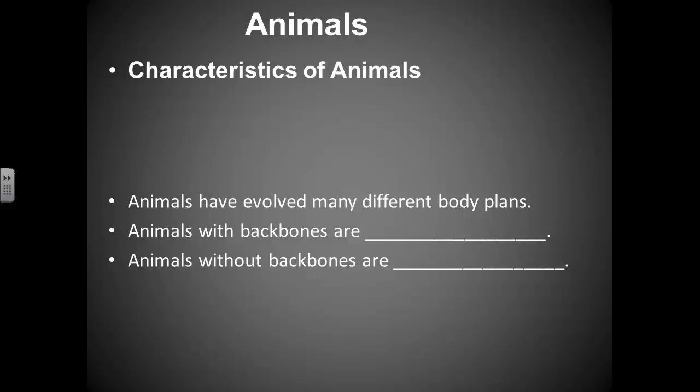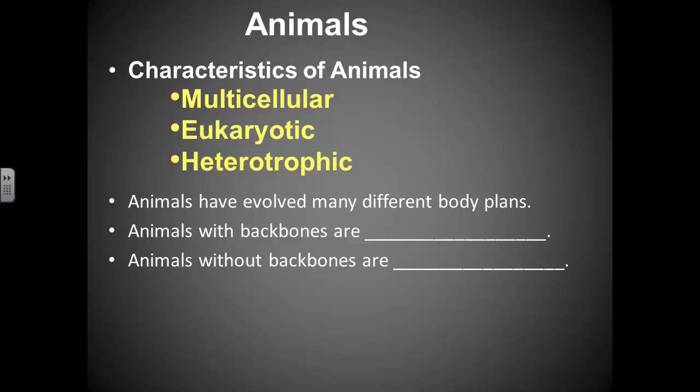What's another one? Jasmine? They're eukaryotes, meaning their cells have a nucleus inside of them. And then there's one more term. Madison? Heterotroph. They need to eat other organisms to get energy. Those are the terms we use to describe all animals. Every animal has all of those characteristics.